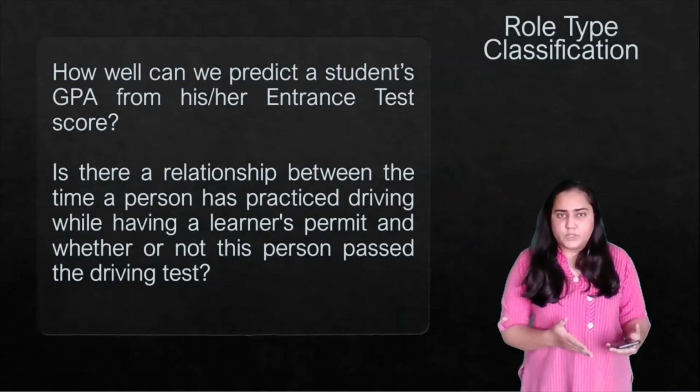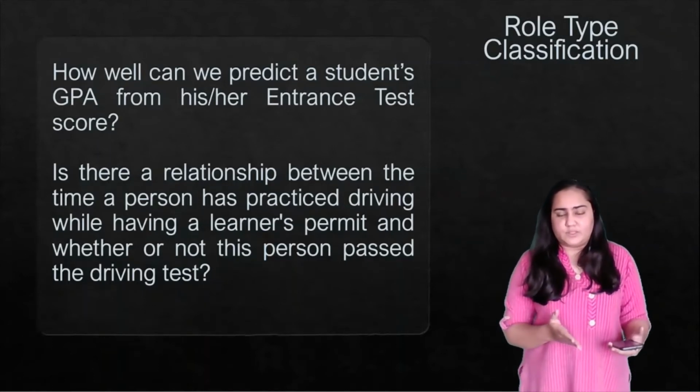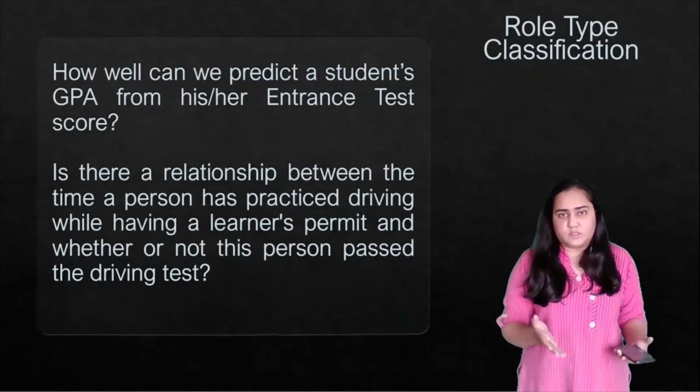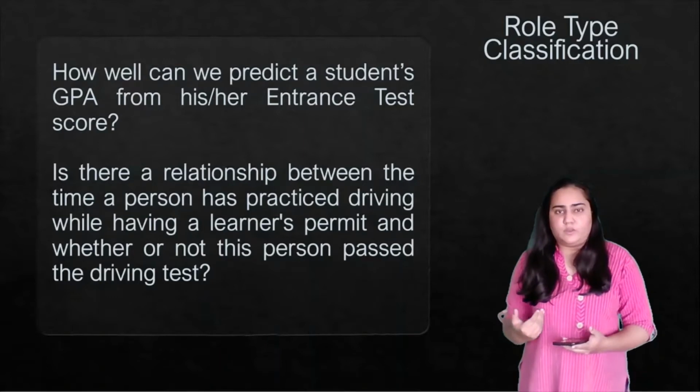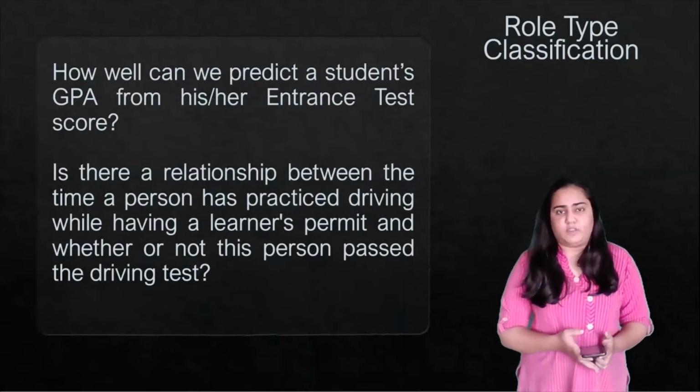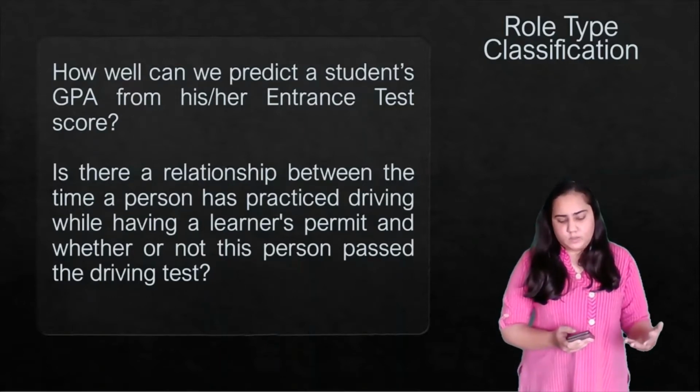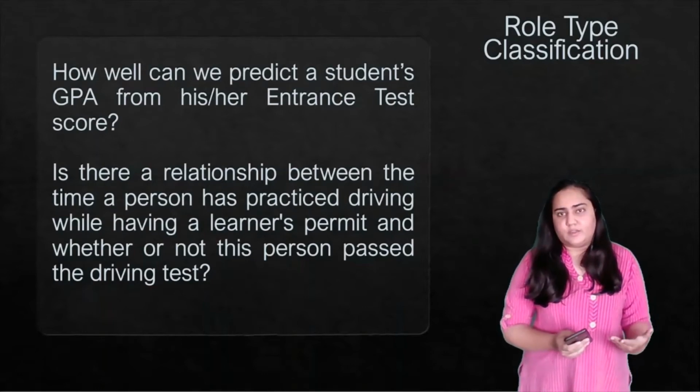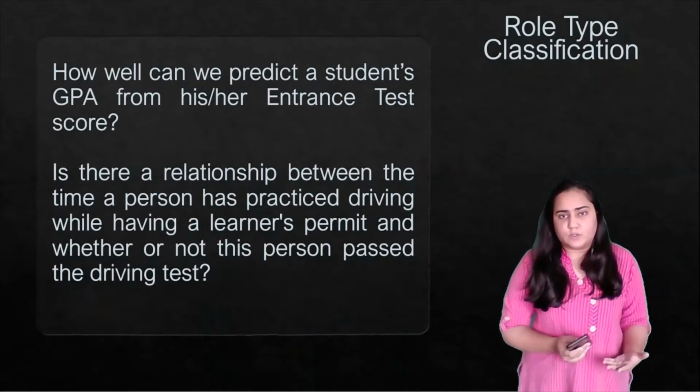So is there a relationship between how much time that person spends practicing within this time period and whether or not the person passes the driving test? So this is another question that you can have from the data given to you.